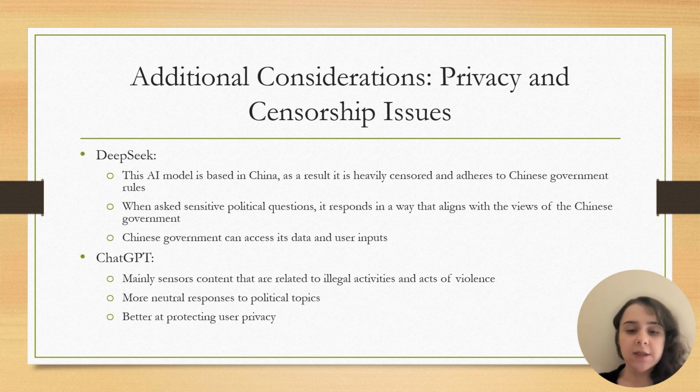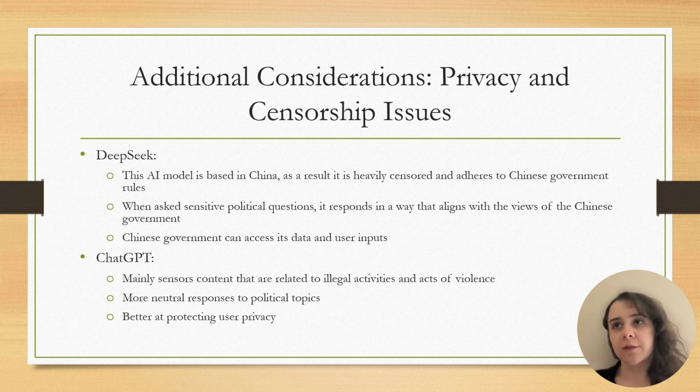Additional considerations are privacy and censorship issues. DeepSeek is an AI model based in China, and because of that, there is going to be some censorship, and the Chinese government will have access to the data as well as the user input.